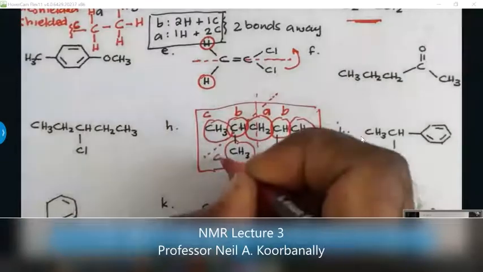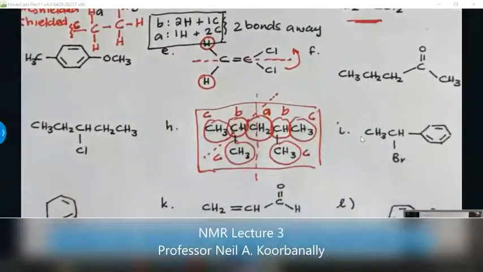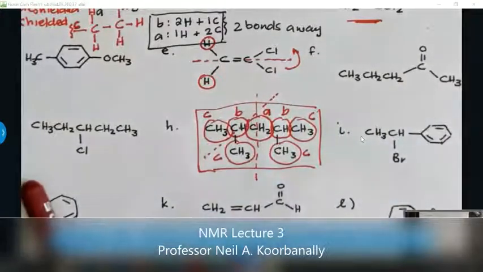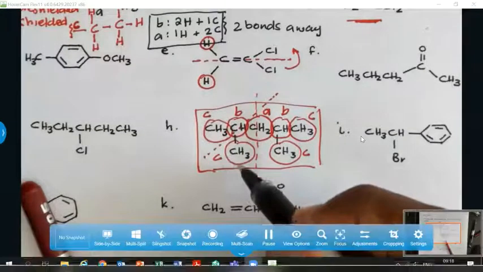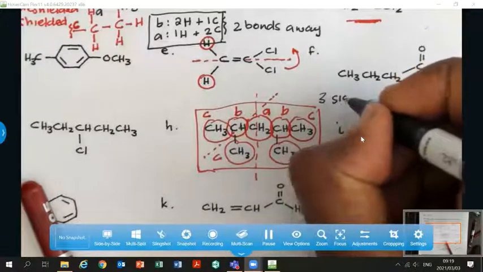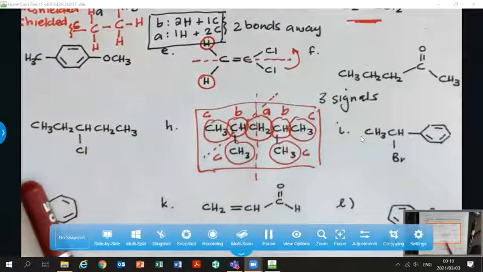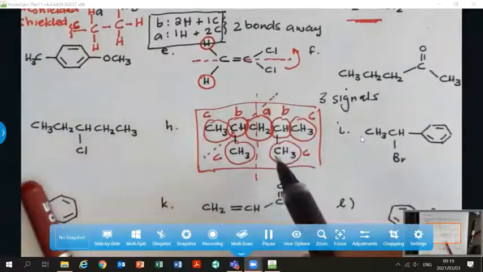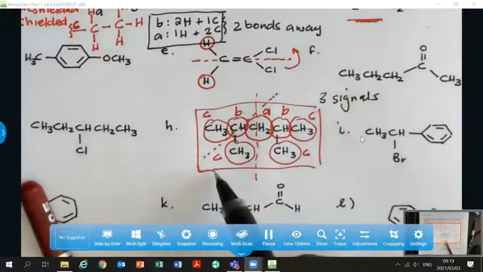So that's C and C. So if I look at what I have here, how many signals do I have? I have an A signal, a B signal, and a C signal. I have 3 different signals. All right, so 3 signals in this case, and these 3 signals are going to be typified by this A, this B, and this C.